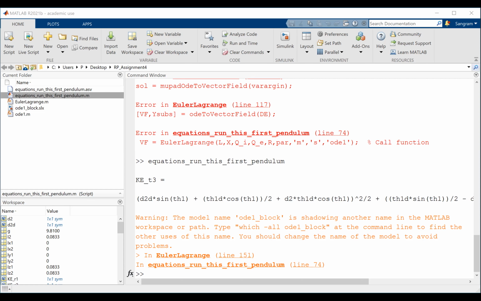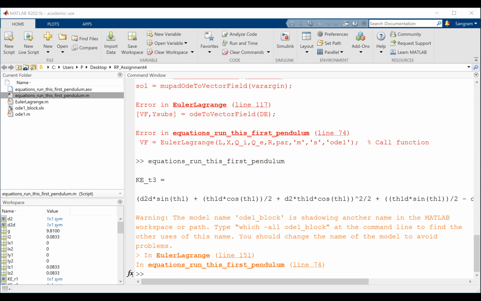You can't flip the sequence. Remember, we defined our symbolic variables as TH1, TH1D, D2, and D2D. So these states should be in the same sequence. That will be defined as X. Can't change this variable. This has to be X.